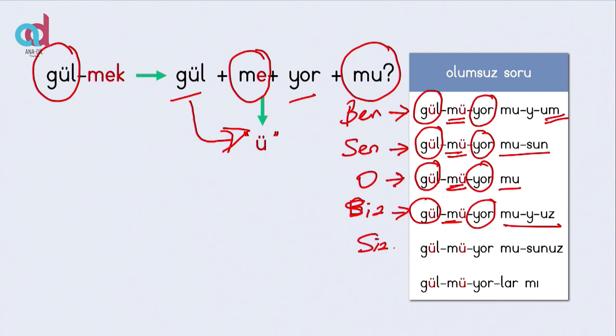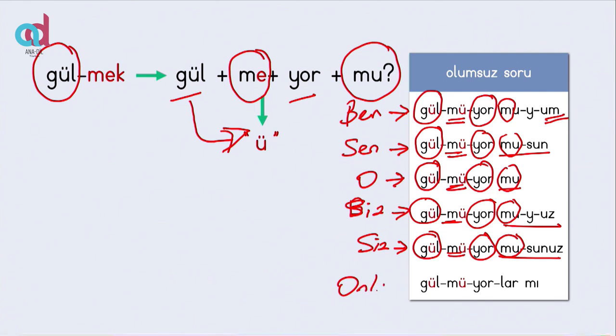Siz gülmüyor musunuz? This mu, these are the question ones, right? Onlar gülmüyorlar mı? Here again, you see?